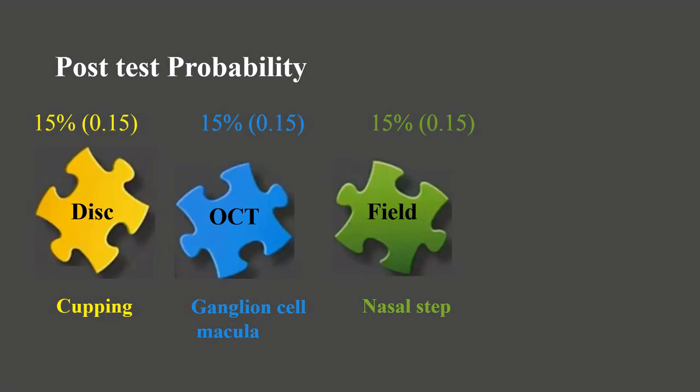So any single test of them has a probability of 15%. Suppose we have a patient who is positive for the 3. So we can add them together and we are sure that the post-test probability increases to 45%.